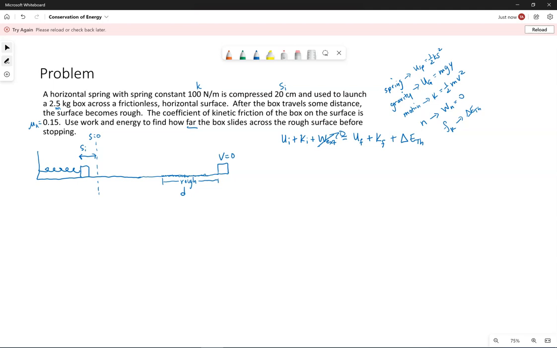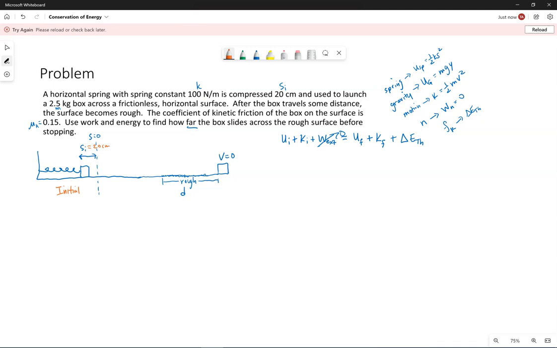but we need to consider potential and kinetic energy initially, and then how much thermal energy is generated or transformed from the energy before. So I'm going to choose my initial moment in time to be this point when the mass has been pushed against the spring, compressing the spring by the 20 centimeters.